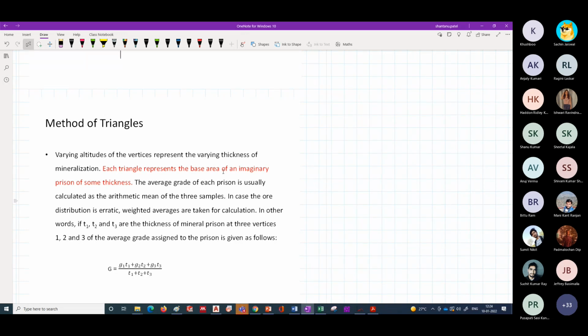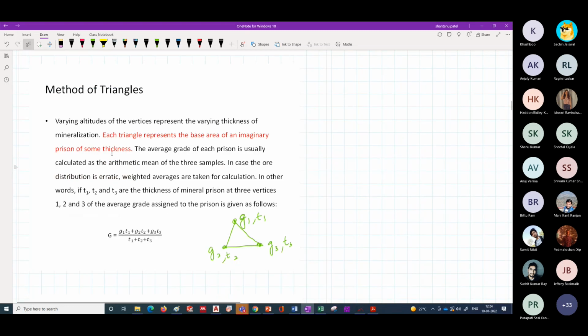And to get the average grade, let's say we have 3 points here and we connected them with a triangle. Let's say the grade is G1 and the thickness is T1 here. This is G2 and thickness is T2, and this is G3 and thickness is T3.